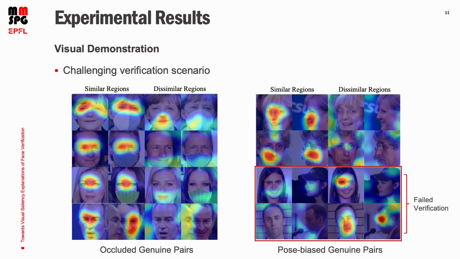In real-world situations, face verification systems can suffer from various challenging situations, such as occlusion or pose variation, and sometimes even give wrong predictions. In the figure on the left, the face verification model managed to give correct predictions on all these occluded face pairs, and it is notable that CorrRISE can precisely identify the non-occluded parts as similar regions and occluded parts as dissimilar regions.